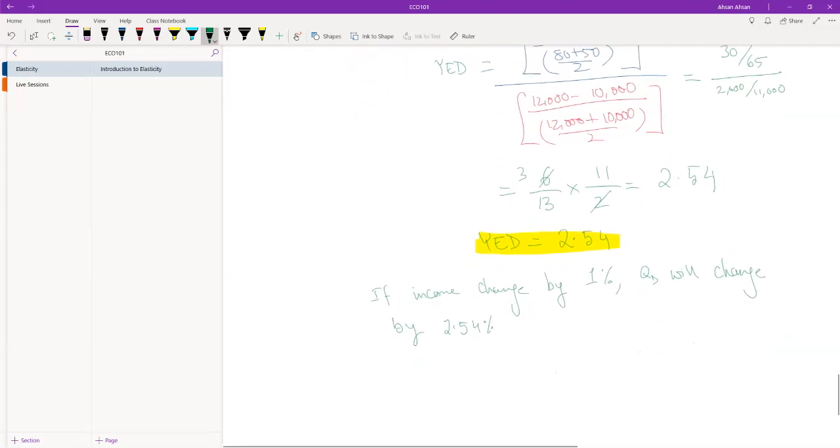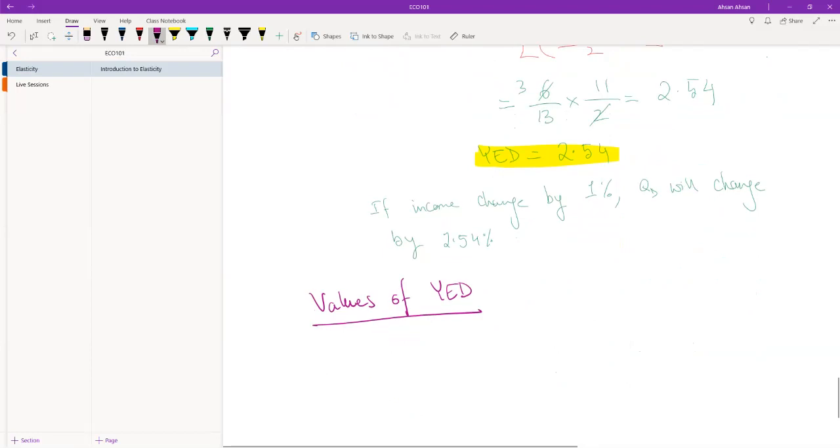Now, the interesting part, values of YED. Okay. So we're going to look at four separate value points.